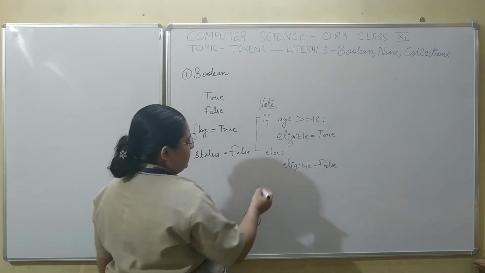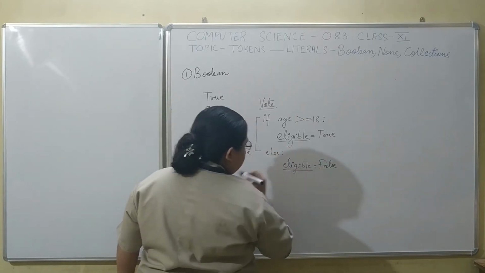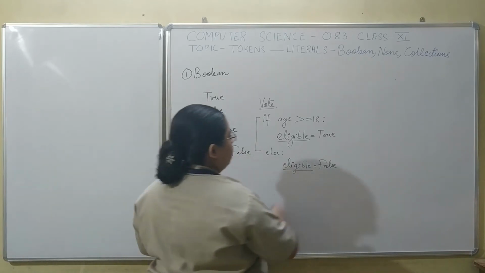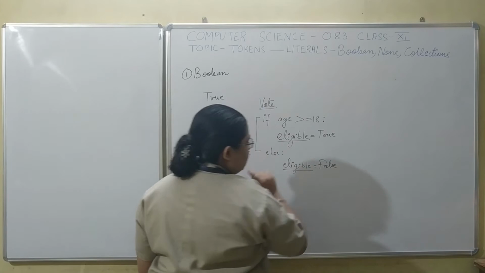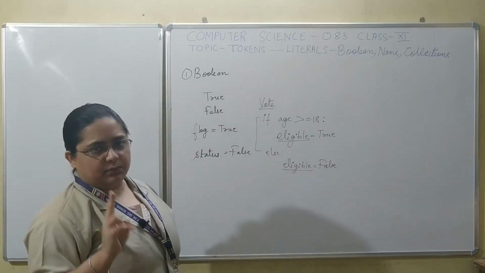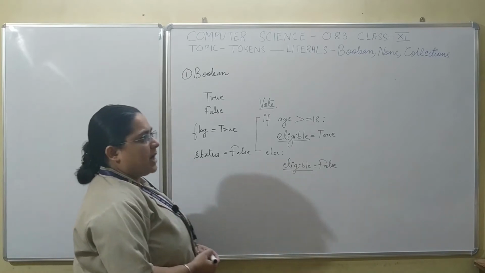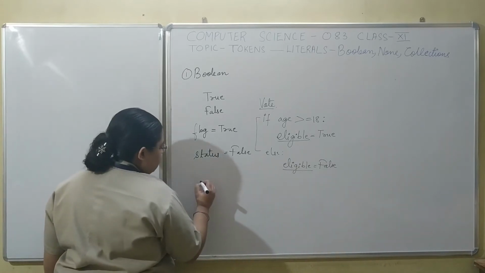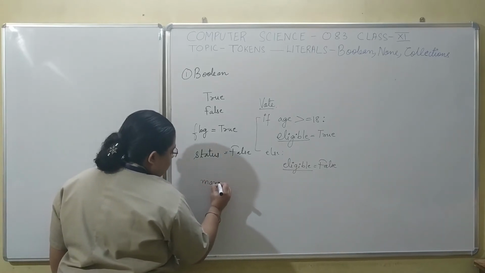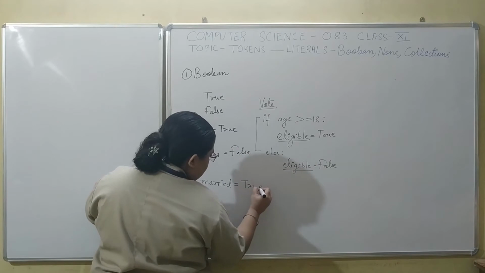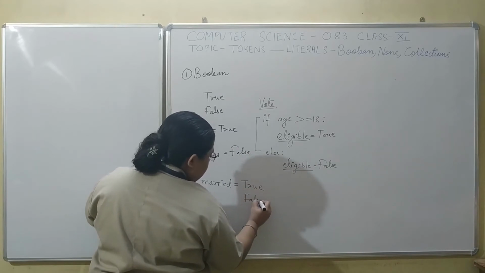This is just to explain to you that we can have certain identifiers which could point to Boolean objects which contain either of the two values, true or false. Similarly, if I have to represent marital status of a person, I can take married as a variable which can either be true or false at a time.